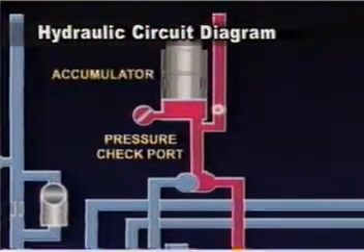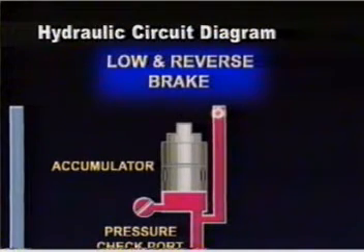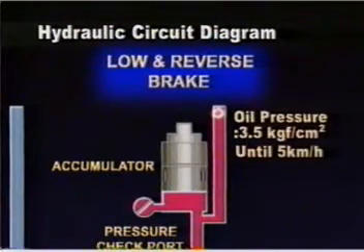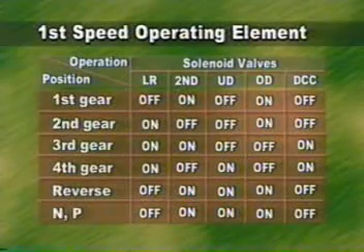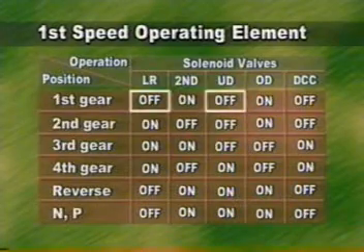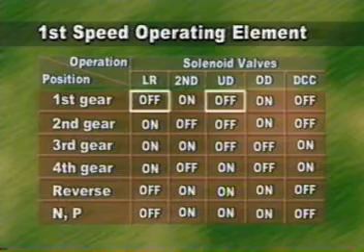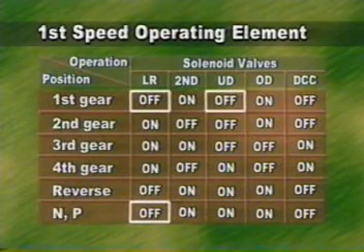Oil pressure is supplied through low and reverse accumulator. Oil pressure is approximately 3.5 kilograms force per centimeter squared until vehicle speed of 5 kilometers per hour by the regulator valve operation. In first gear, with a speed of 5 kilometers per hour or less, underdrive clutch and low and reverse brake operate.